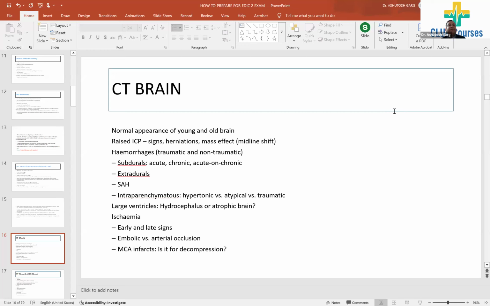Raised ICP, signs of herniation, mass effect, midline shift, hemorrhage, traumatic and non-traumatic, subdural, extradural, SAH, intraparenchymal, hypertensive versus atypical versus traumatic, large ventricle, whether this is hydrocephalus or atrophic brain. So you have to identify depending on the age. Ischemia, early versus late signs, embolic versus arterial occlusion, MCA infarcts, is it for decompression?